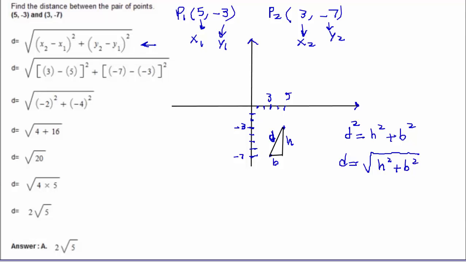So that's how you can substitute the numbers here and find the distance. And then don't forget you have to simplify this. It would be the square root of 20. If you break 20 into its prime factors, 4 times 5, the square root of 4 would be 2. Then you have 2 radical 5.